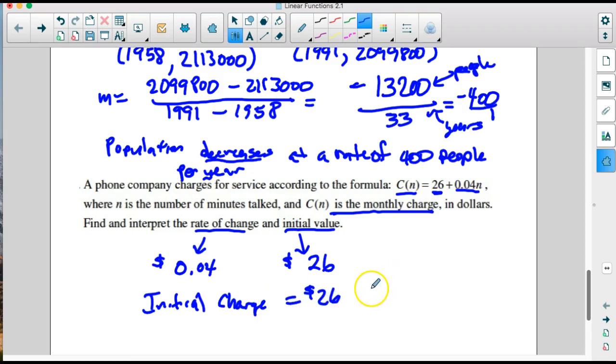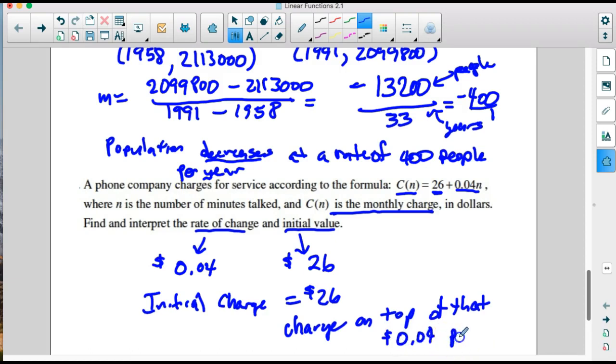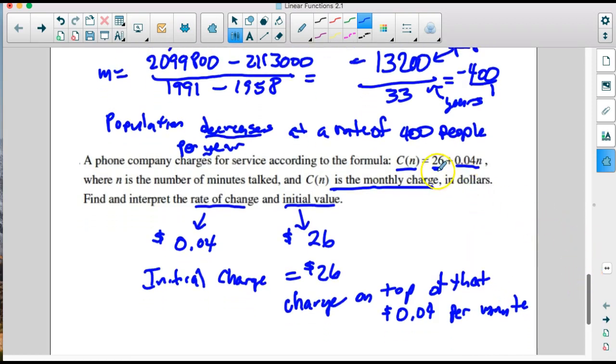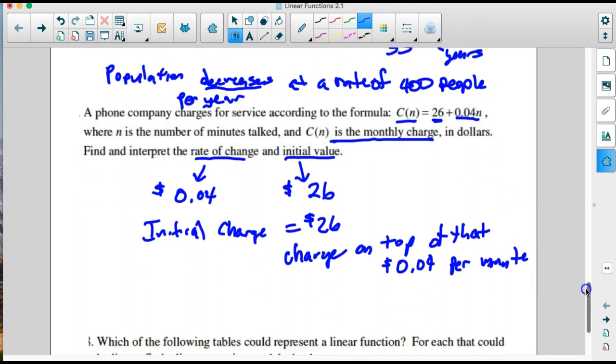And for every minute talked, you're going to add 4 cents charged on top of that, 4 cents per minute. Okay, so that's what that means there. And they wrote it in the fashion where they give you the initial value first and then the change here. So they reversed it on you.